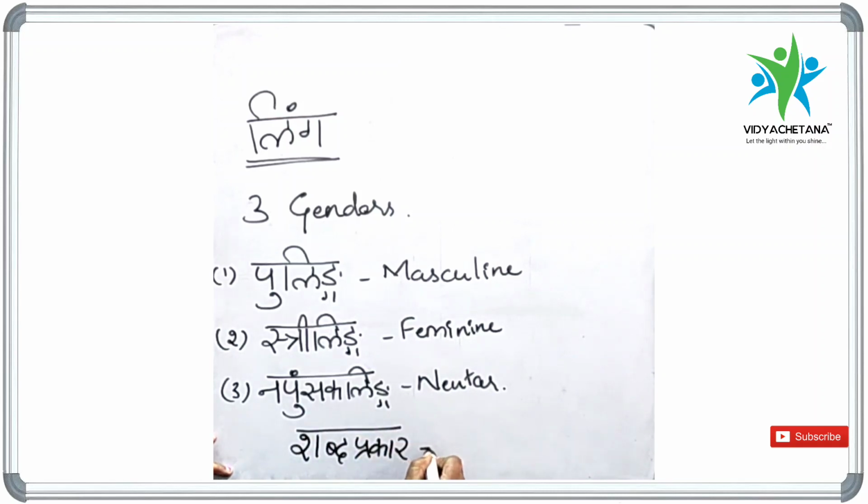For knowing this Shabda Prakar meaning, you have to go to the previous video, Varna Krida. The Shabda Prakar concept is explained there, which is identifying the ending letter of a word. So the ending letter of a word is important to know the gender in Sanskrit.